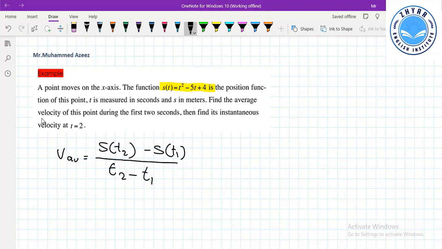If you continue reading the question, find the average velocity of the point during the first 2 seconds. The first 2 seconds means t1 is equal to 0, the beginning, the timer was 0, and after 2 seconds, so t2 became 2. Whenever you see the first 2 seconds, t1 is 0, t2 is 2.